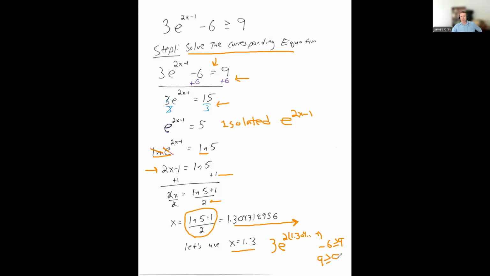So what I found is the point of equilibrium, where both sides are equal to each other, and what we're interested in doing is either shading into the right of that or shading into the left of that. So we'll take that 1.3 and we'll move on to the next step.